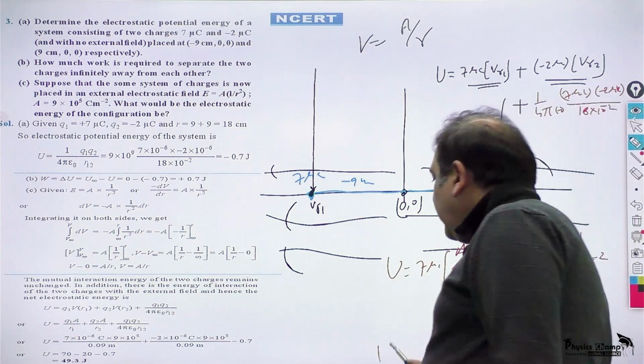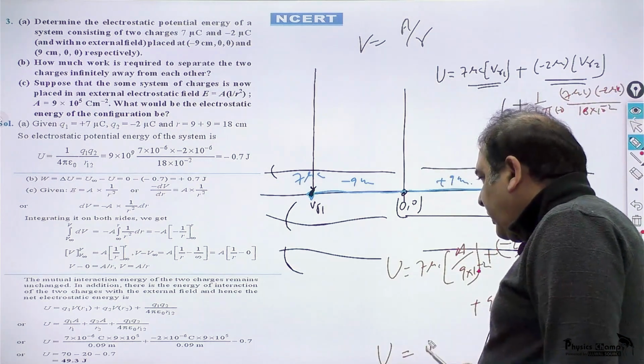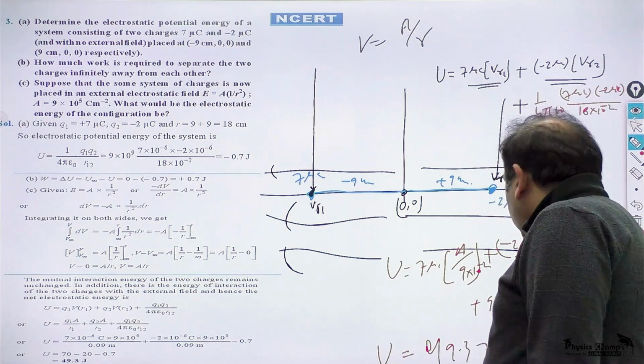So as a whole, the electric potential energy will come out to be 49.3 joule.